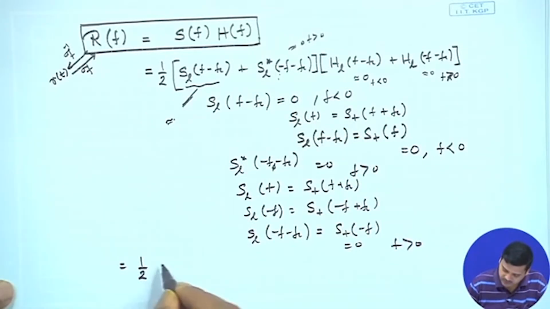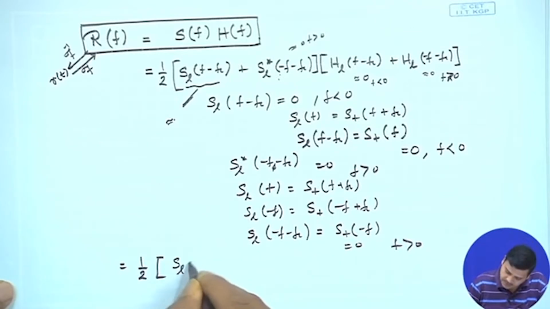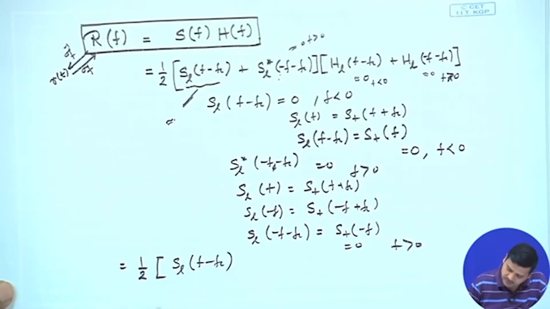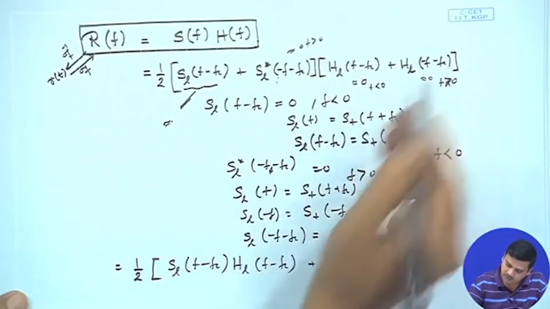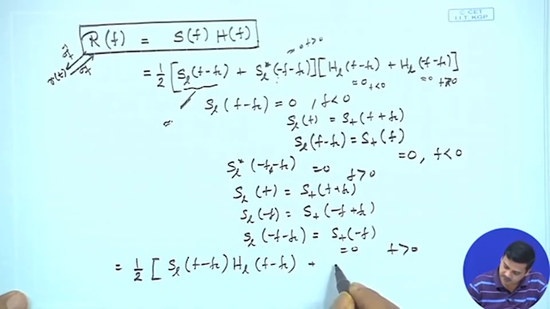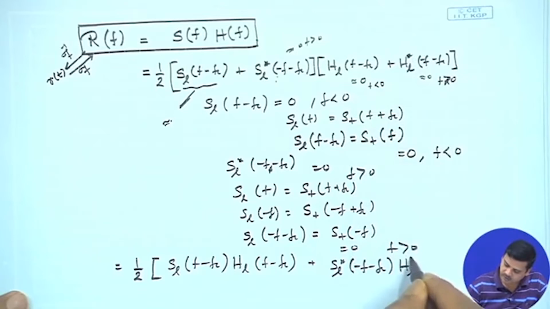So we could have this as half, that stays with us as S_L(f minus f_c), which gets multiplied with H_L(f minus f_c). And for the other half, that means for f less than 0, we have S_L conjugate(minus f minus f_c), sorry, this will be H_L conjugate(minus f minus f_c).